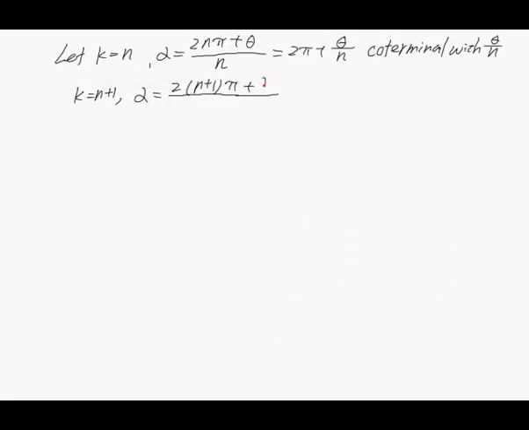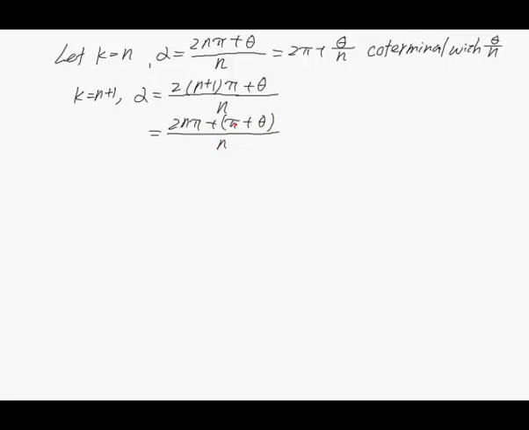And then plus theta, and then over n. So now this is equal to 2n pi plus 2 pi plus theta over n.